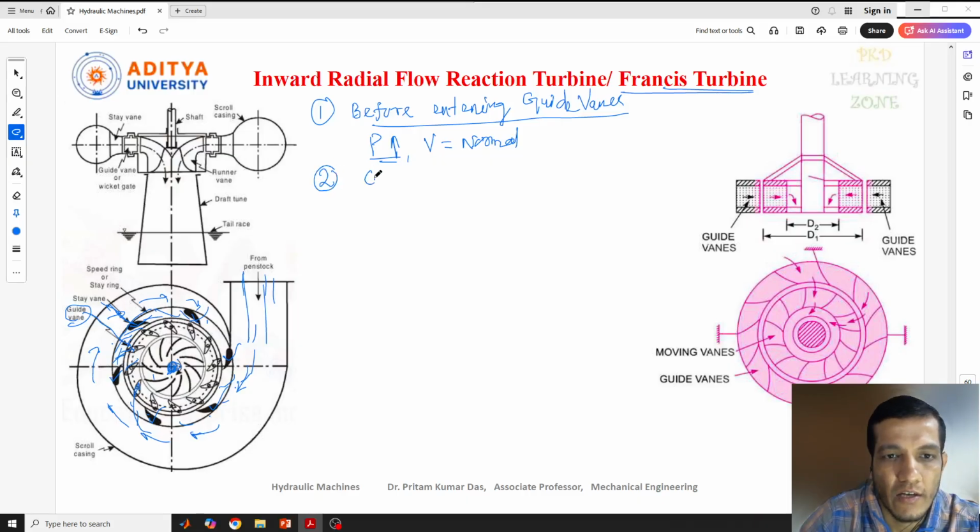Okay, and next is when the water is crossing the guide vanes.